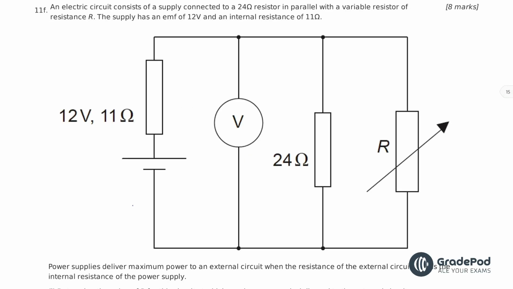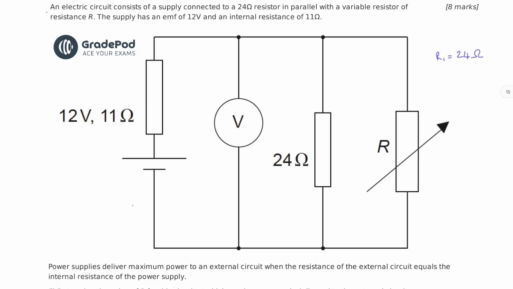11F. An electric circuit consists of a supply connected to a 24 ohm resistor in parallel with a variable resistor of resistance R. So let's call it R2, and we don't know what that is. The supply has an EMF of 12 volts and an internal resistance, so a small r, of 11 ohms.